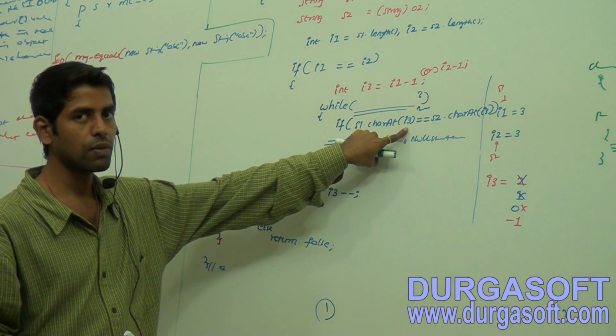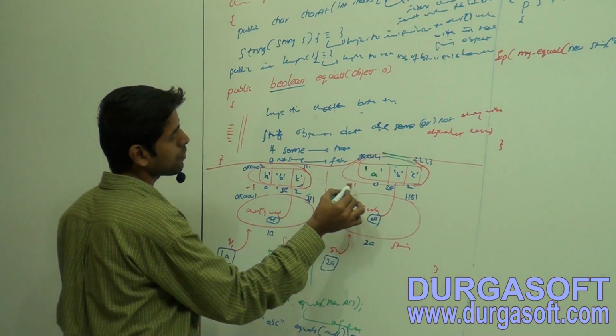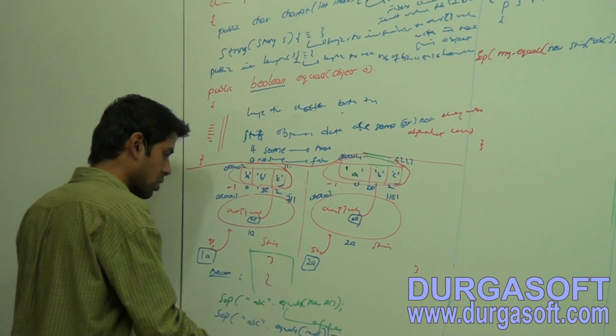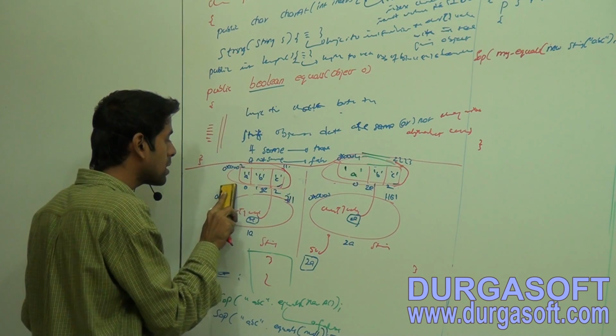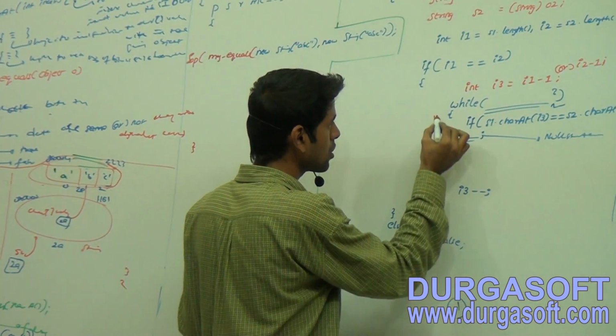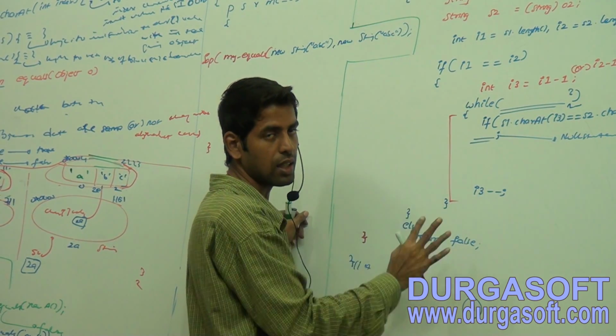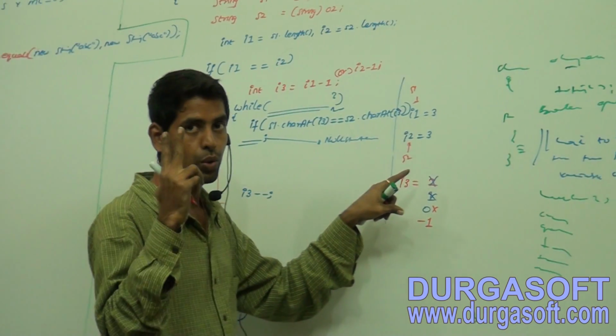s1.charAt(i3). Just one second. Do you have a -1 index? No, you don't have. So till 0, these instructions should get executed or not? Yes. Your starting i3 value is what? 2.